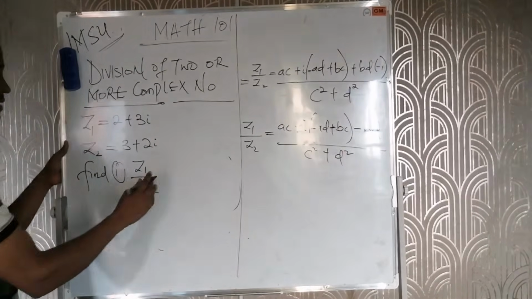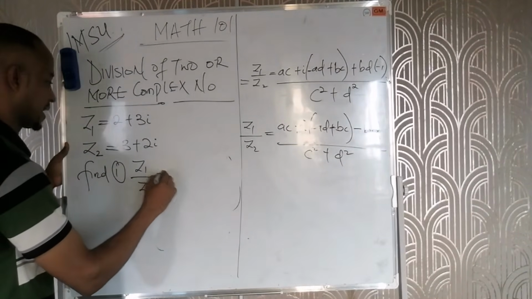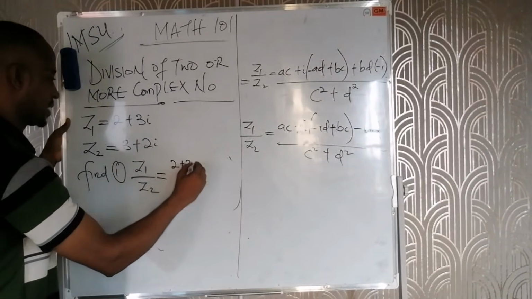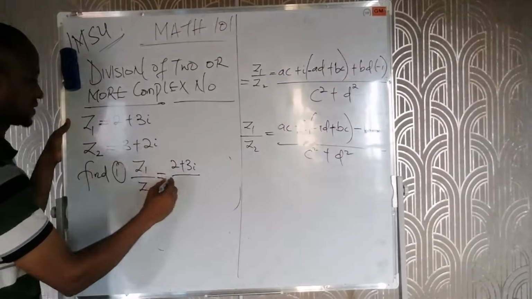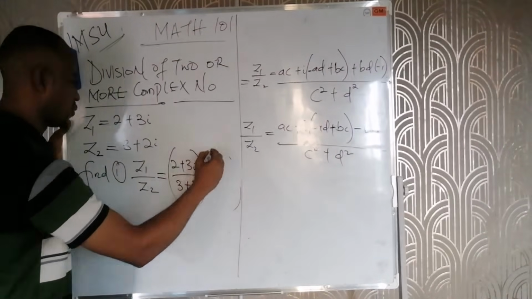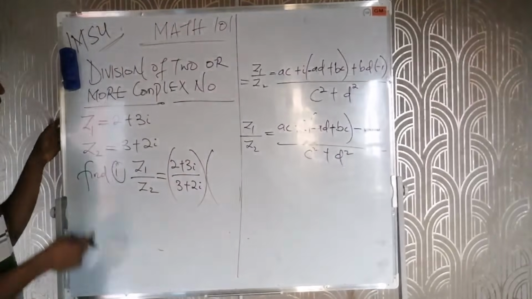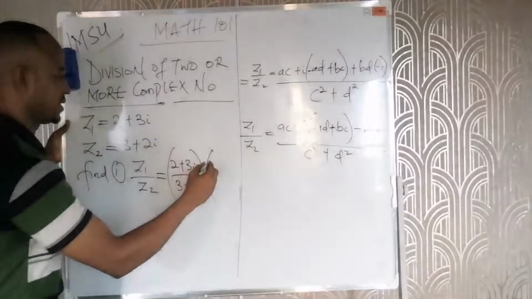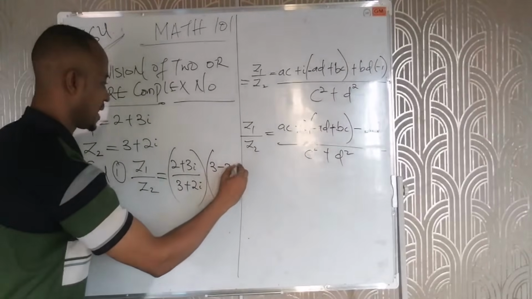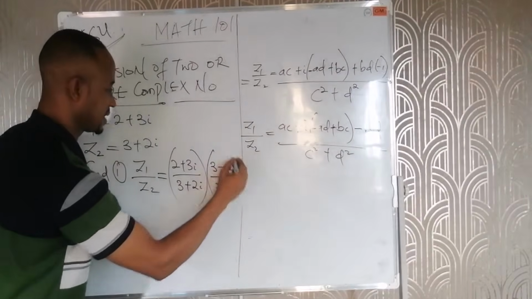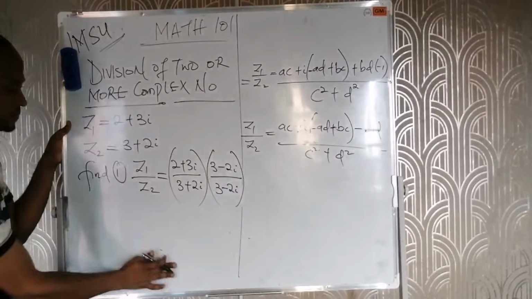Now to solve for this, it's very simple. Like I told you, I'll bring up my Z1, which is 2 plus 3i, divided by my Z2, 3 plus 2i. I'll multiply this with the conjugate of my Z2. Conjugate of 3 plus 2i will be 3 minus 2i, divided by 3 minus 2i, right?